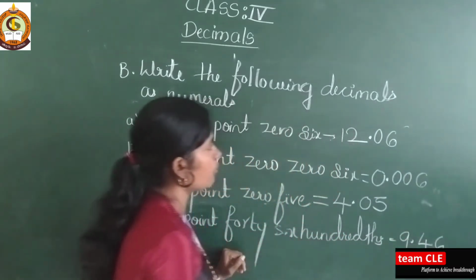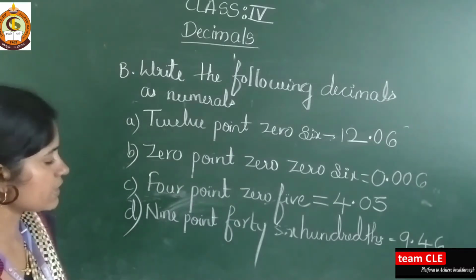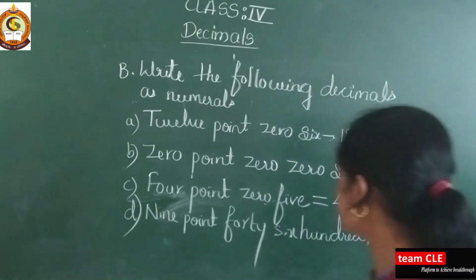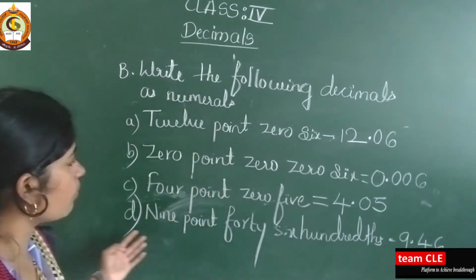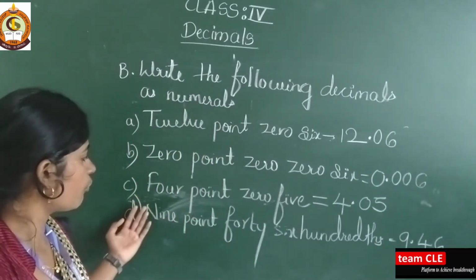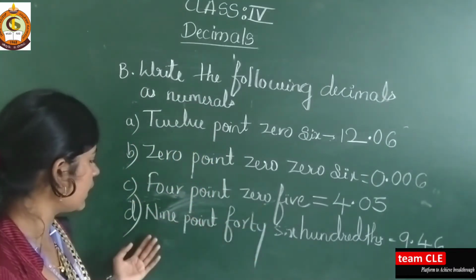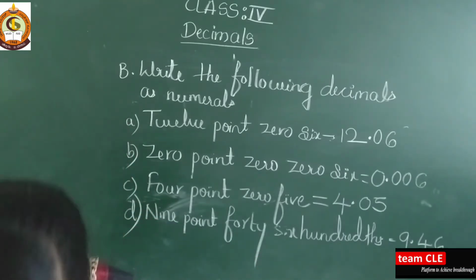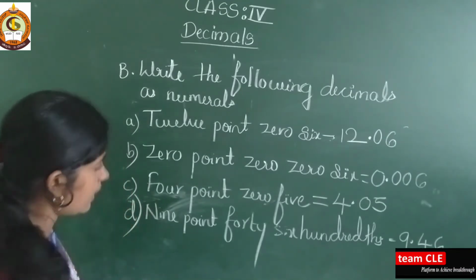This type you have to write the following decimals as numerals. You need more practice to solve these examples: 12.06, 0.006, 4.05, 9.46 hundredths.